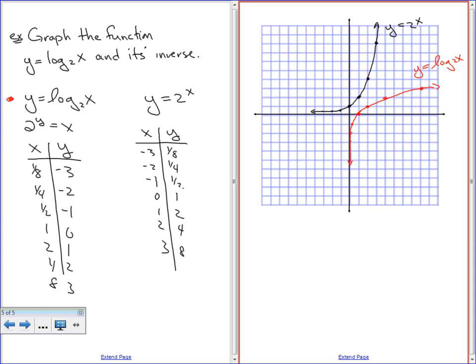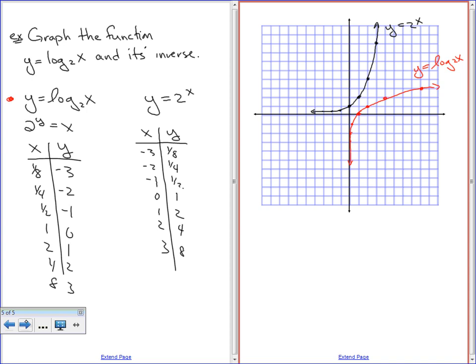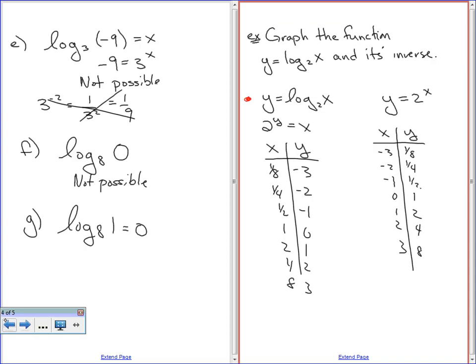But we're going to use that to generalize all logarithmic functions in that form. You'll see that the red graph never crosses over to the negative side, and that's why we can never take the log of a negative number. And the red graph gets closer and closer, but never touches the y-axis, so it never touches 0. That's why we can't take the log of 0.